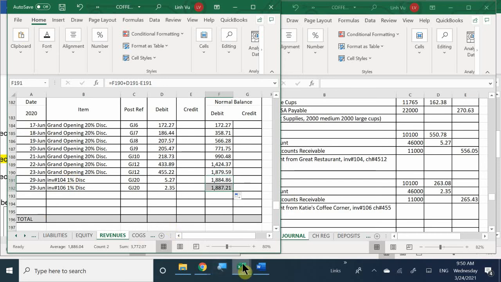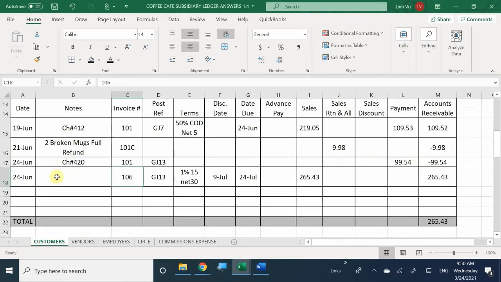So then we're going to go to the subsidiary ledger, right? Since we're already here, we're going to do the same exact thing as we did for the Great Restaurant, right? We're going to write the check number. So this is check number 455. Invoice number 106. General Journal 20. We're going to skip right along until we hit our sales discount section. It was for $2.35.